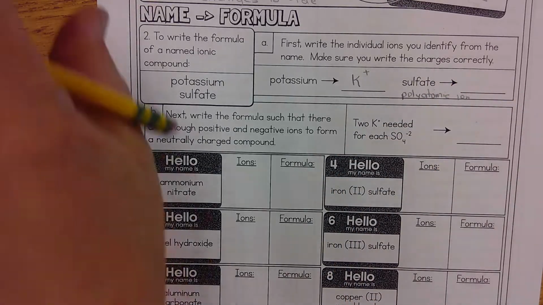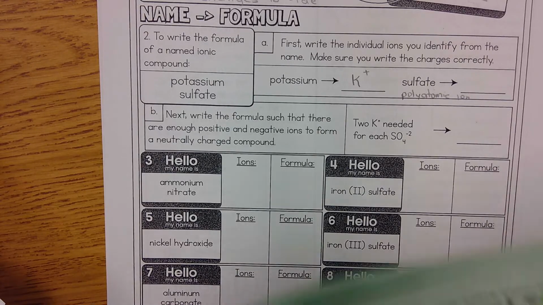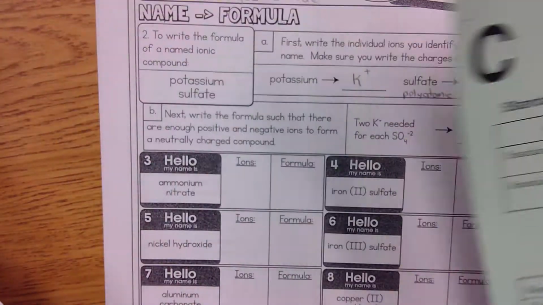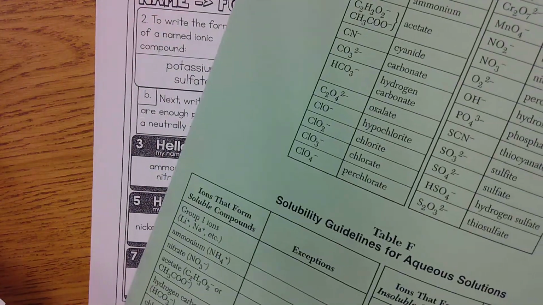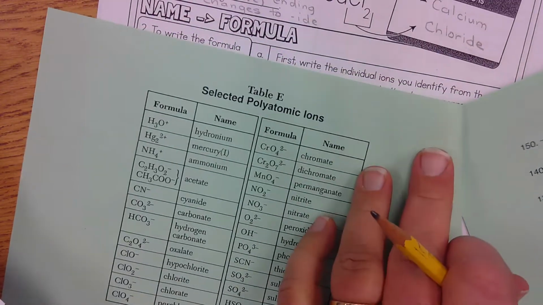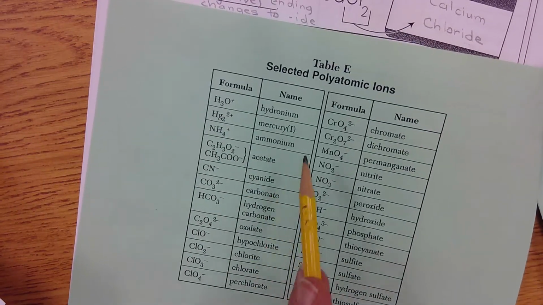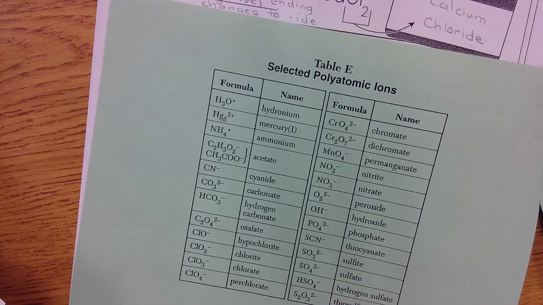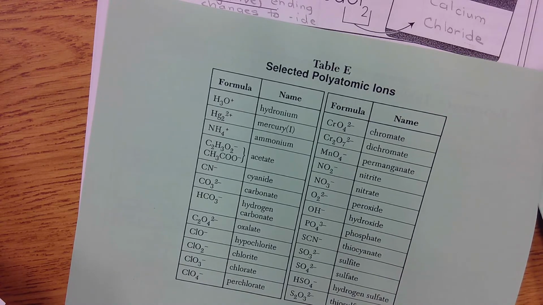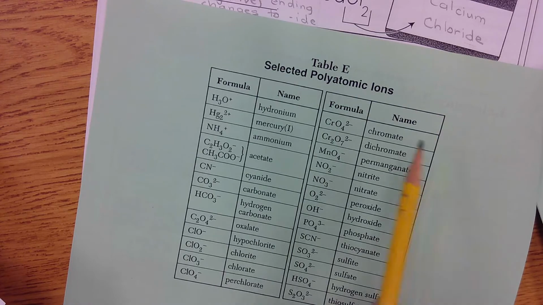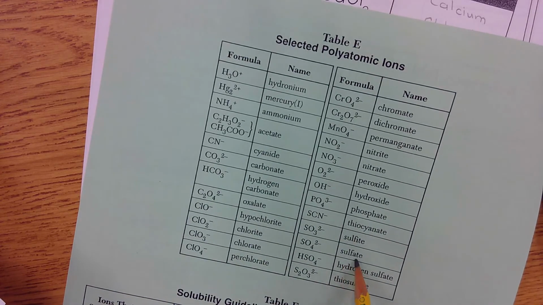In the tables in the front of your chemistry binder, if you turn over to the second page, to table E, you get some common standard polyatomic ions. Anytime you have anything that ends not in IDE but in ATE most often, or other things, you can find it on this chart. So we see sulfate is right here.